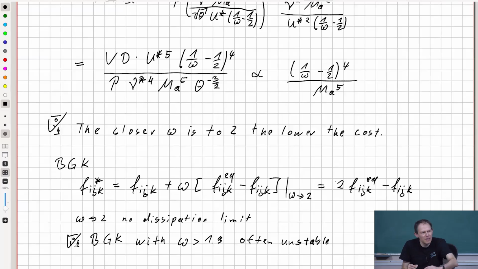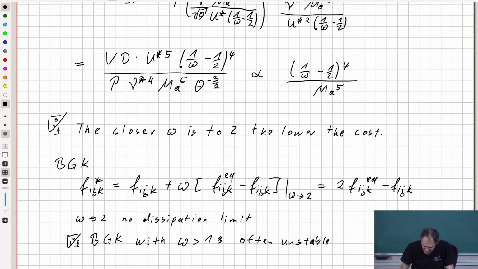I think that BGK with the moment matching equilibrium is usually stable until omega equal to 1.95, which is already much better than the BGK with the Taylor expanded equilibrium.